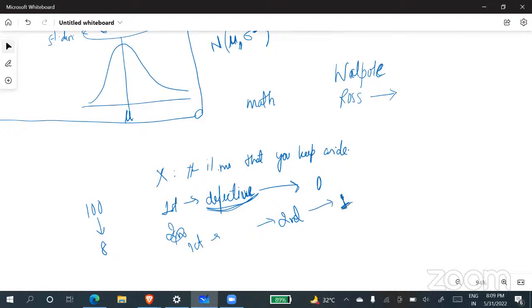So it will take the value 1. Similarly, it will go from 0 to infinity. Not infinity actually, because you have just 100 items. So it starts from 0 here.